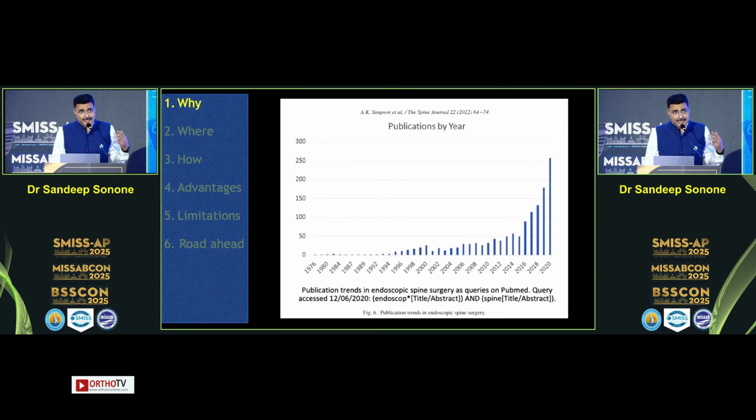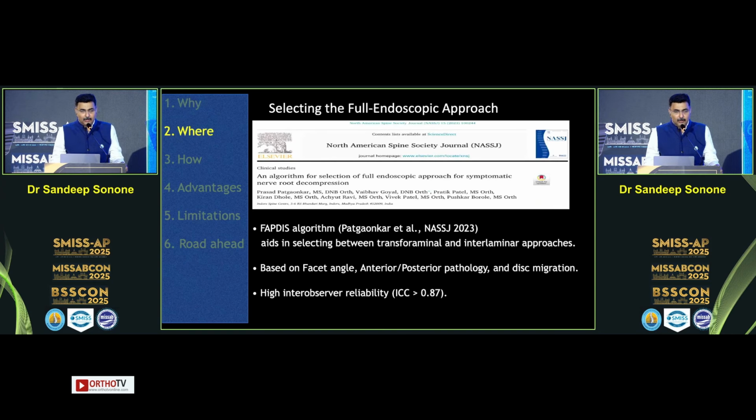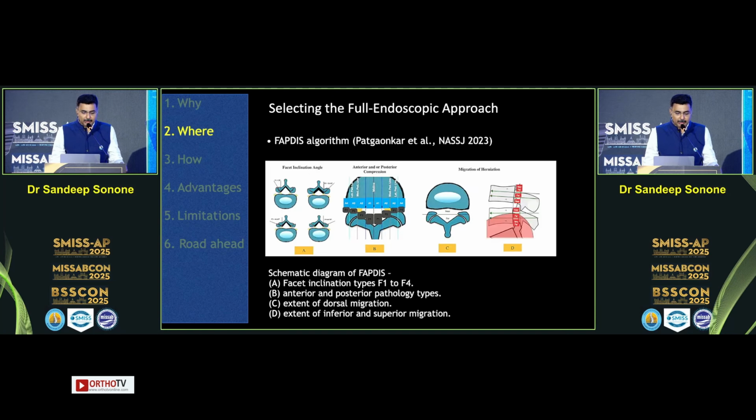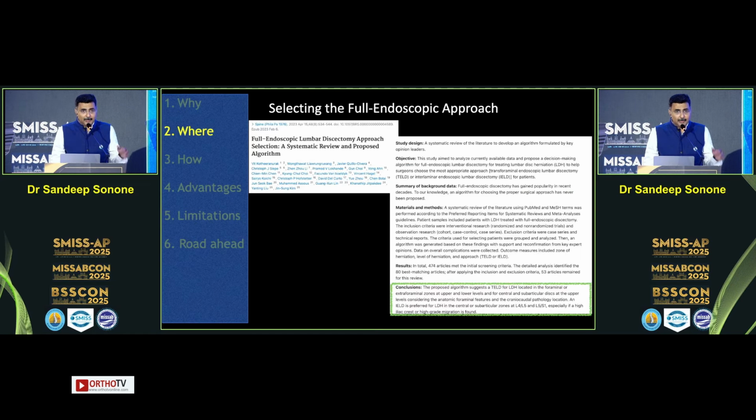There is an increase in academic interest, as seen by the number of publications coming in the endoscopic journals. We all went through the algorithm mentioned by Dr. Patgaonkar. There are multiple algorithms and meta-analysis studies, but the take-away message is that if it is a higher-level targeted approach, go for transforaminal.